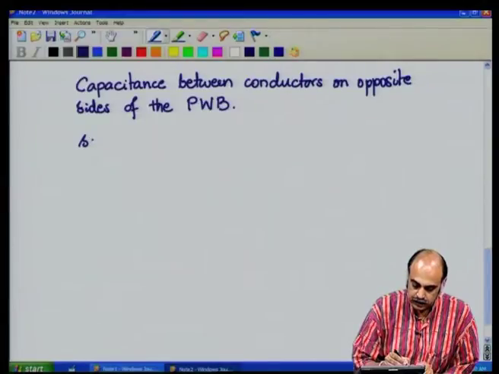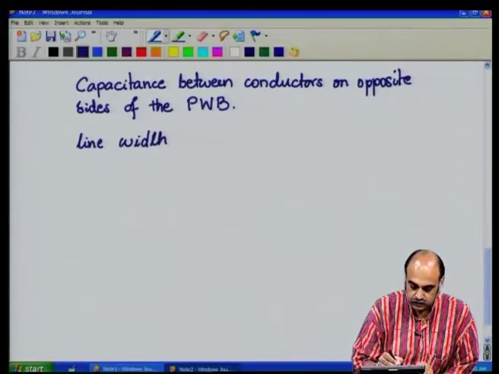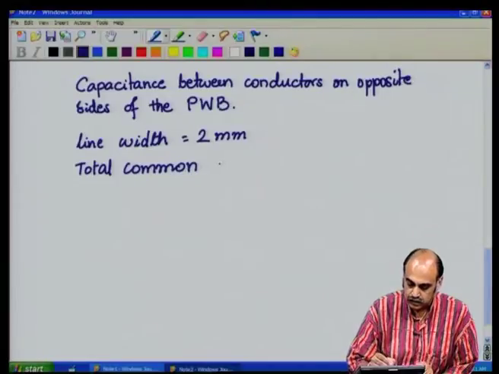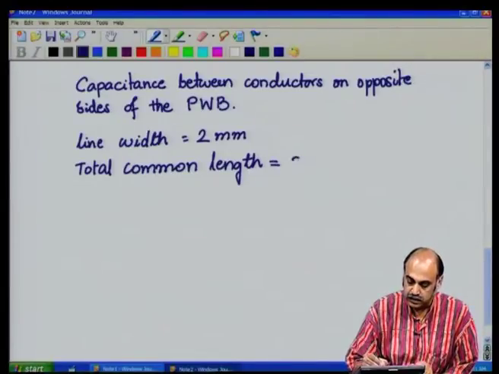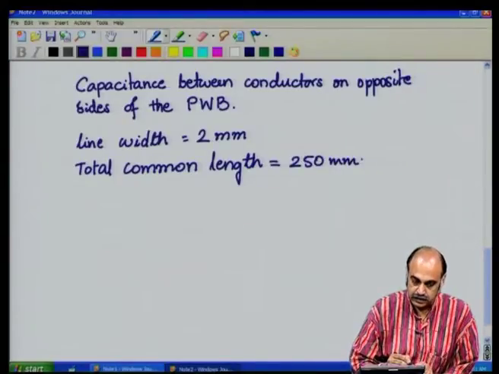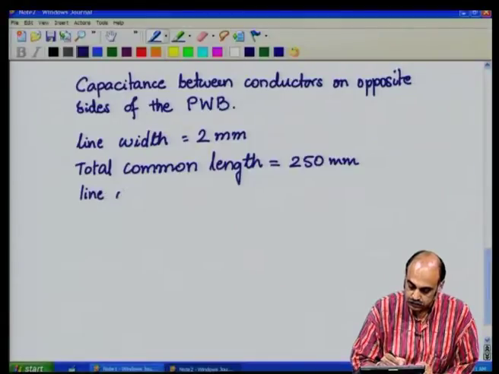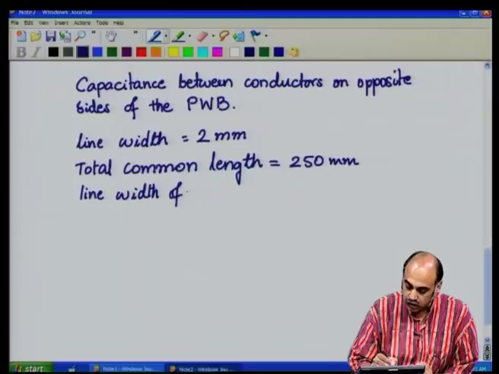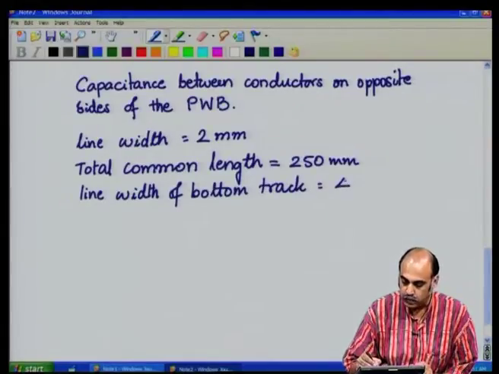Let us say that the two tracks have a line width of 2 mm and a total common length, that is the upper and the bottom track have a common length of around 250 mm, as an example, and the line width of the bottom track is 4 mm.